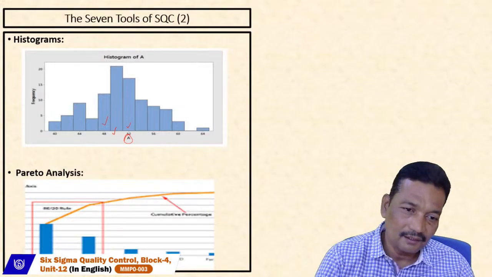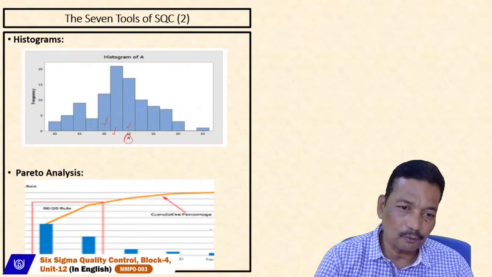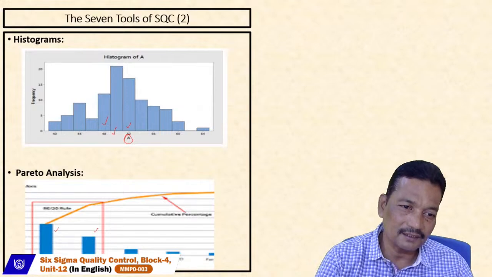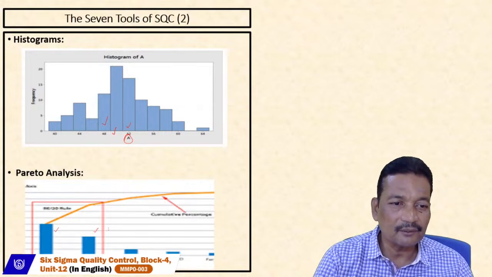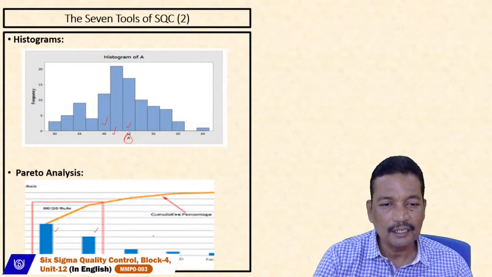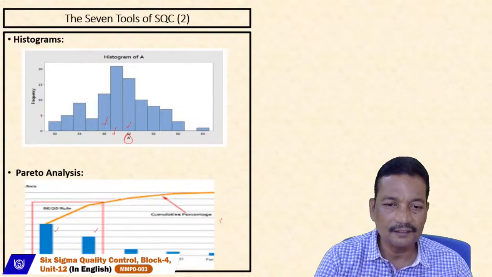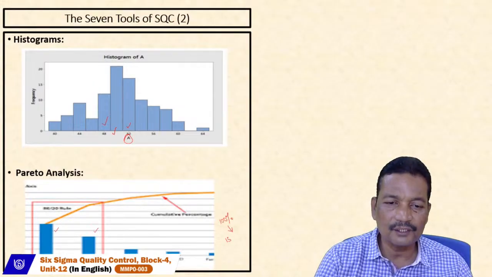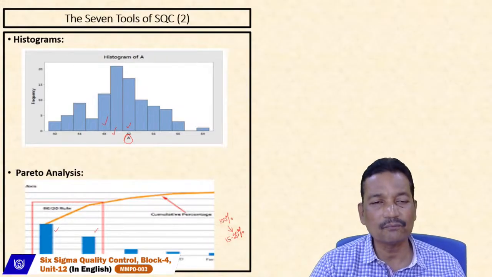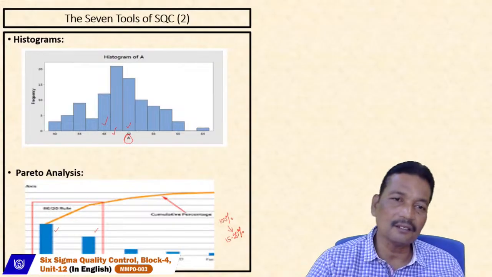See here, we have five different kinds of problems, and maximum is this followed by this. So if we try to rectify these two problems, then out of 100% problems, this will reduce to around 15 to 20%. That means 80% of the problem of ours has gone out.